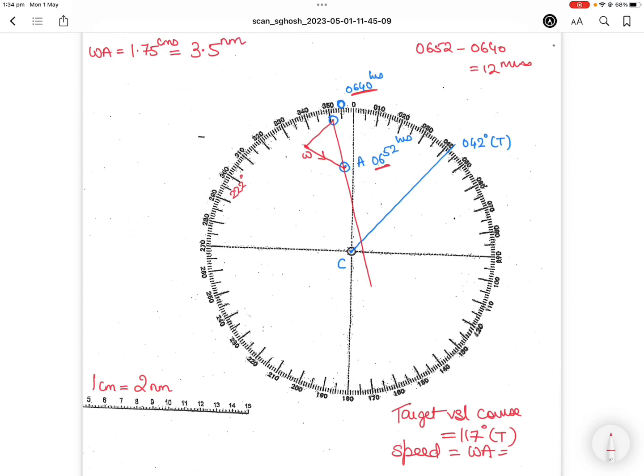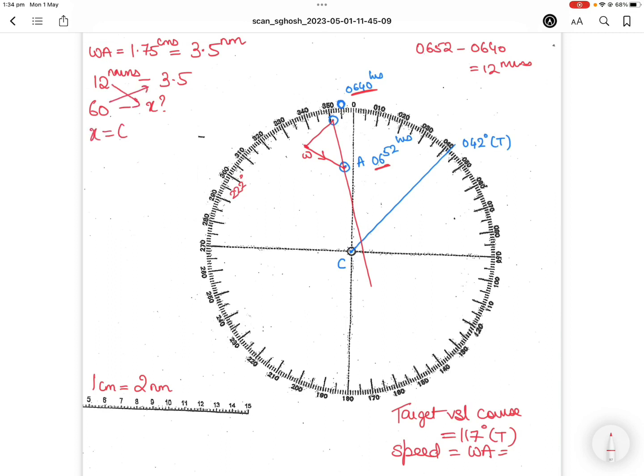So if you have chosen a scale of 1 centimeter equals 1 nautical mile, whatever you measure, you should be getting about 3.5 nautical miles. Now this 3.5 nautical miles is what the target vessel can do in 12 minutes. So in 60 minutes, how much can the target vessel do? I will multiply 60 by 3.5 and then divide it by 12.